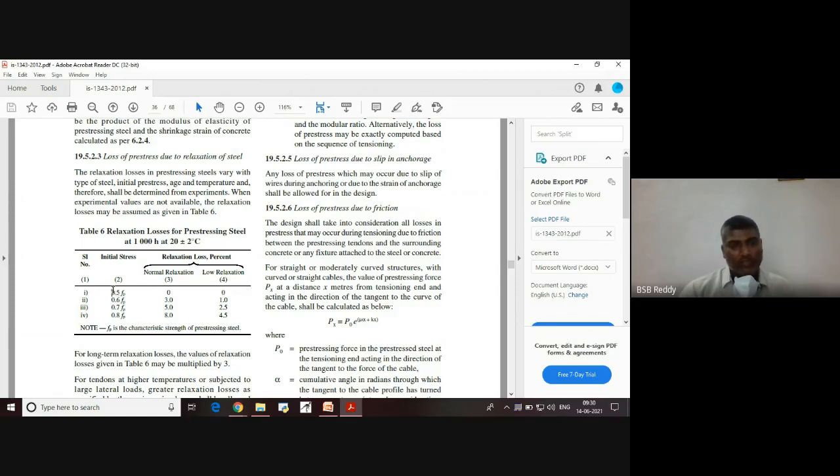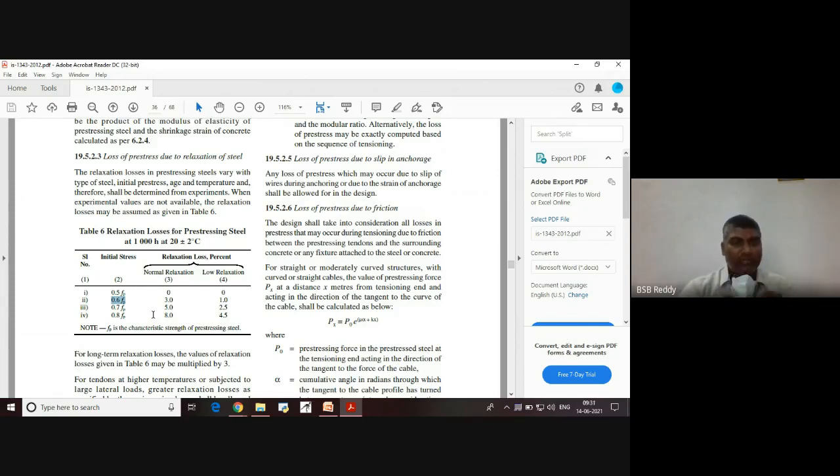If you induce only half of its characteristic strength, then there won't be any relaxation loss, zero. Imagine the characteristic strength of steel is 1,000, and you have induced a stress of 500 megapascal, which means 50% of the characteristic strength. So relaxation loss is zero.